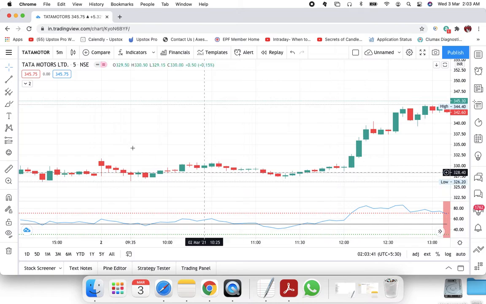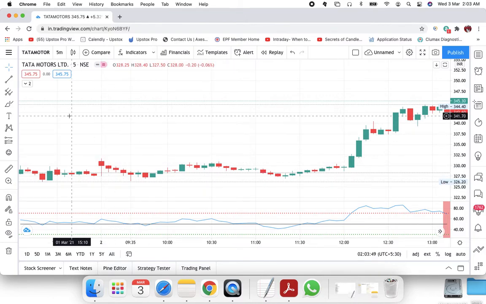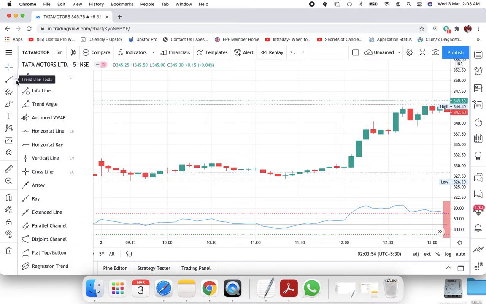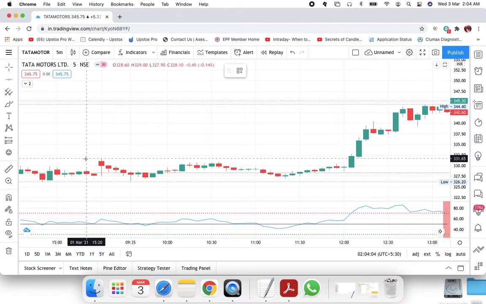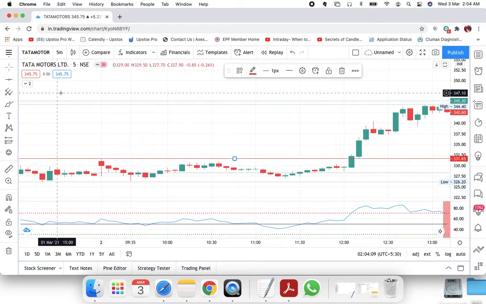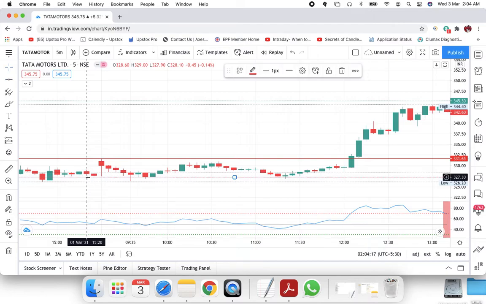So how do we identify the breakout? The moment the market started and the first candle completes, you just need to mark the high and low of the first candle. This is my first candle high, I am just marking, and this is my first candle's low.